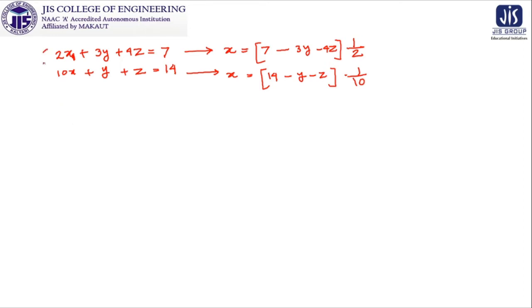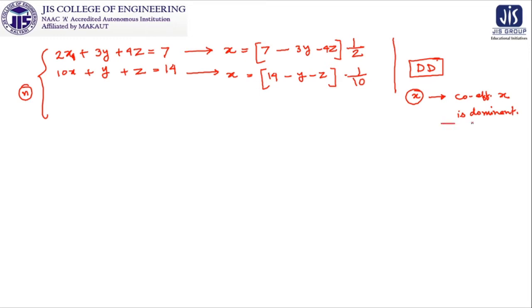So if there are n equations, we can write x in n ways. The diagonally dominant system gives us the clue to write the expression of x from the equation where the coefficient of x is dominant.